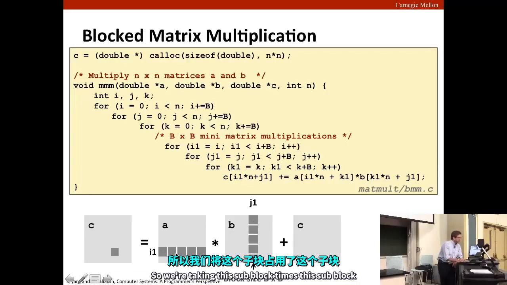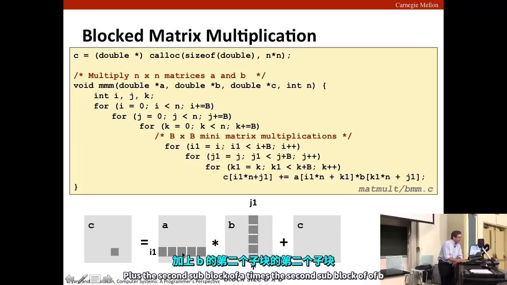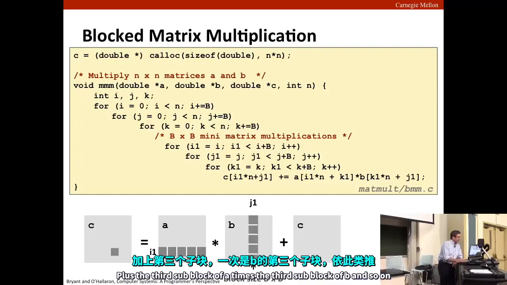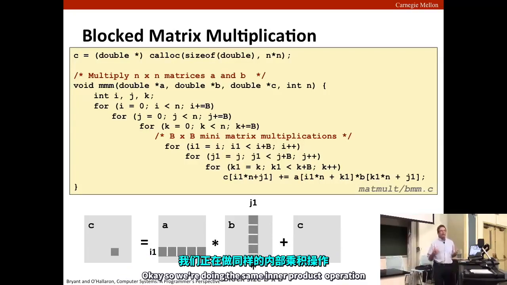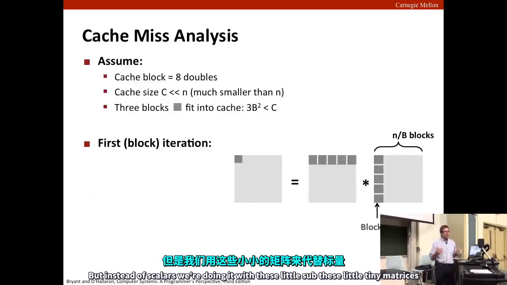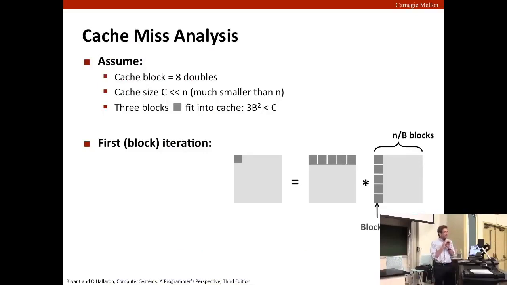So we're taking this subblock times this subblock, plus the second subblock of A times the second subblock of B, plus the third subblock of A times the third subblock of B, and so on. Okay, so we're doing the same inner product operation, but instead of on scalars, we're doing it with these little tiny matrices.